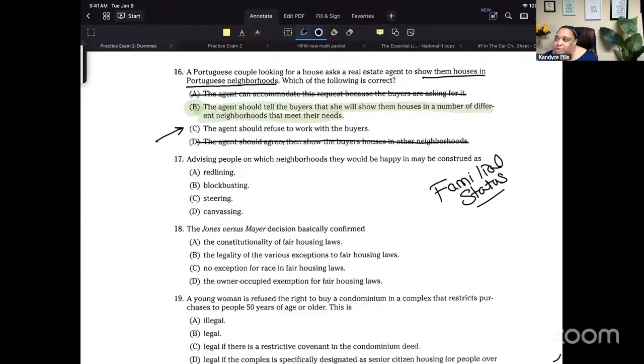But familial status in real life is sometimes hard for people to understand. So let's say, Amaryl, I'm your buyer and I ask you to show me houses, but I've got 3 kids and I want you to show me neighborhoods with other kids. And you're going to say, well, I'm sorry, that's a protected class and I cannot group out neighborhoods based off of any of the protected classes.